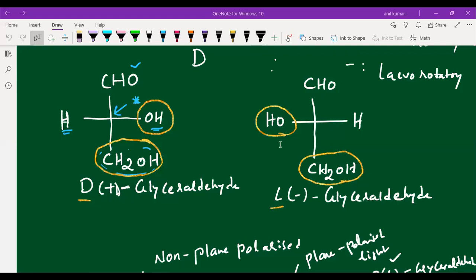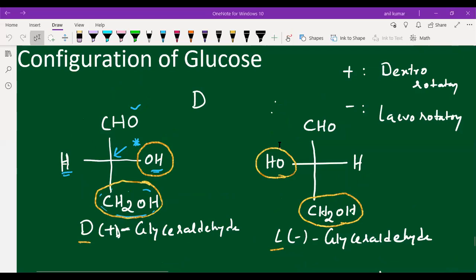Now we are going to look at D plus glyceraldehyde as well as L minus glyceraldehyde. What do we call these two?